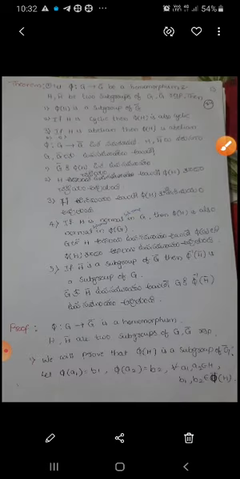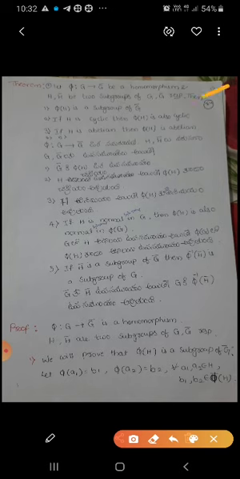Now see one more theorem. Here five parts are there. Let φ map G to Ḡ be a homomorphism and H, H̄ be two subgroups of G, Ḡ respectively. Then we will prove five parts. First one, φ of H is a subgroup of Ḡ. Second, if H is cyclic, then φ of H is also cyclic.